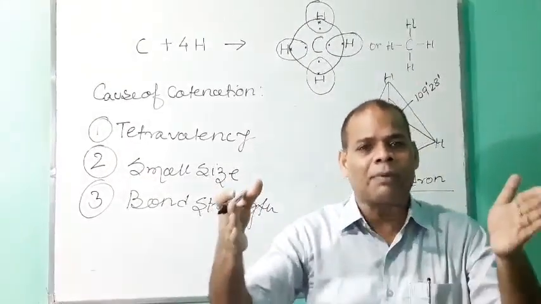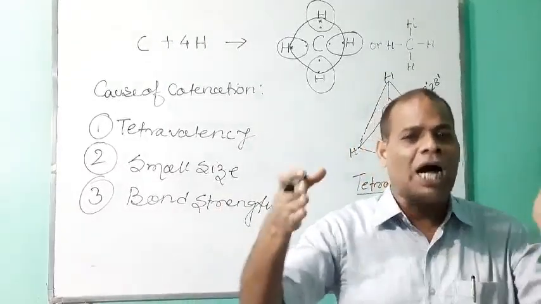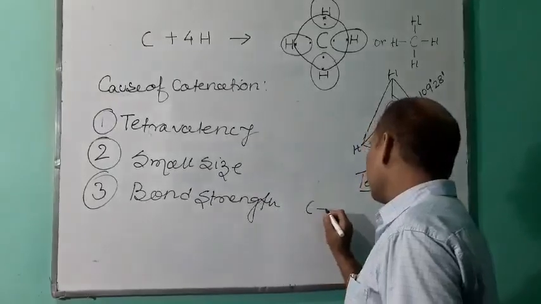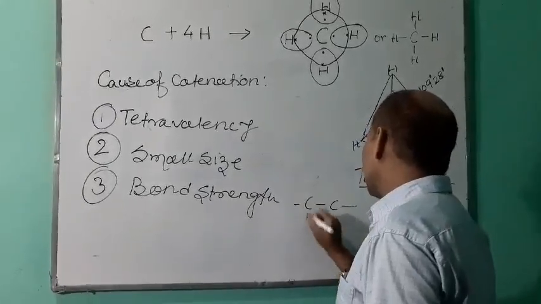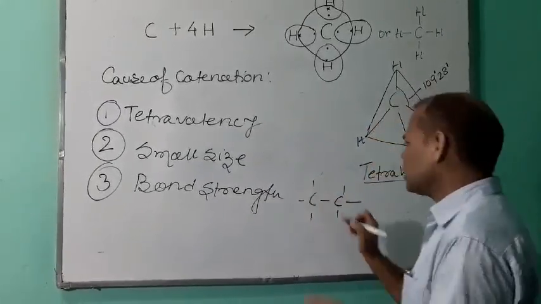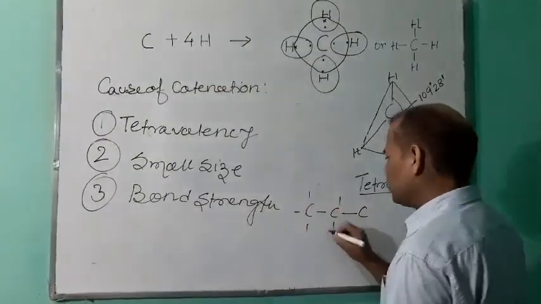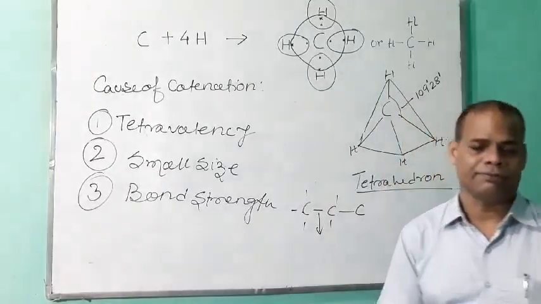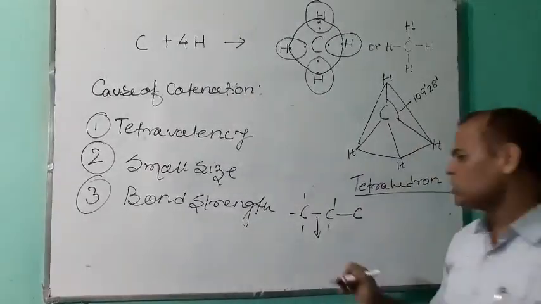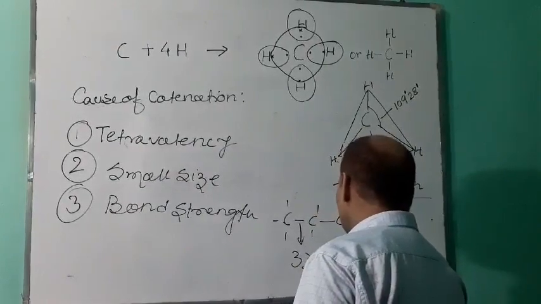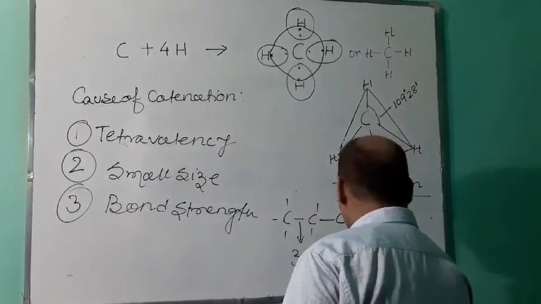When there is a carbon-carbon connection, the bond strength between these carbons is very high, 335 kilojoule per mole.